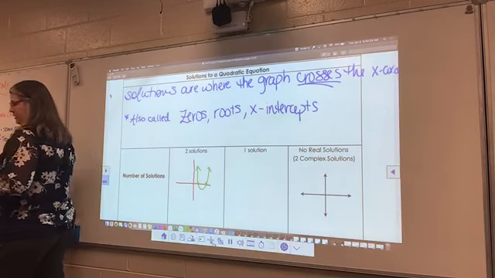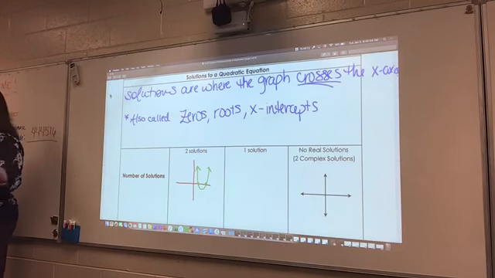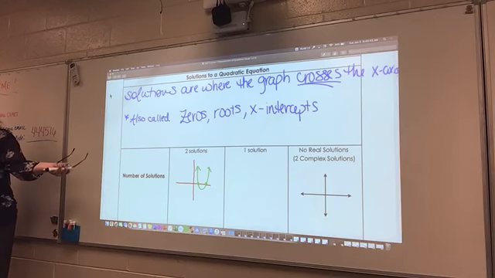Notice that we have 2 solutions. They're on the x-axis. We can see them. We know what they are. Both sides of the quadratic are going through the x-axis. It's important to know. So I could definitely figure out those coordinates for those ordered pairs.